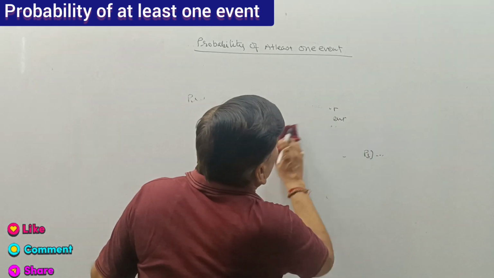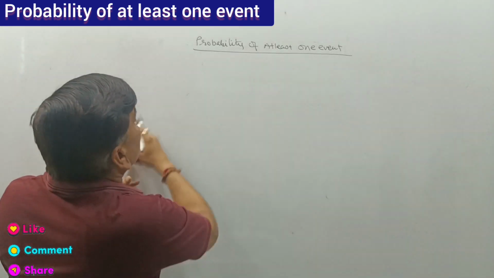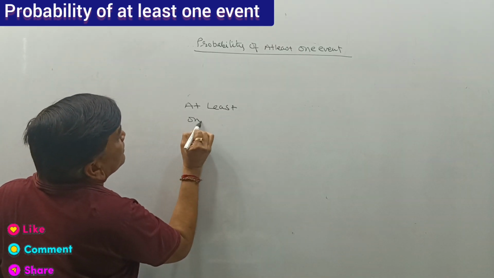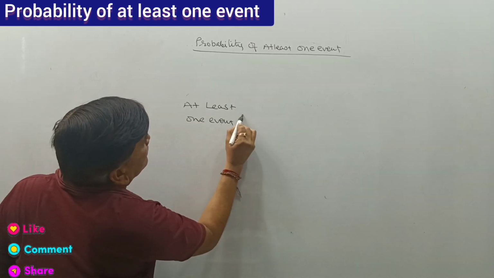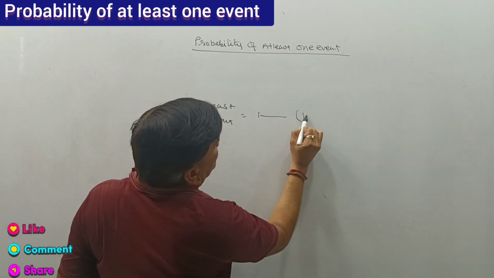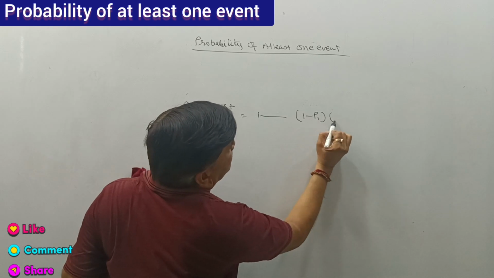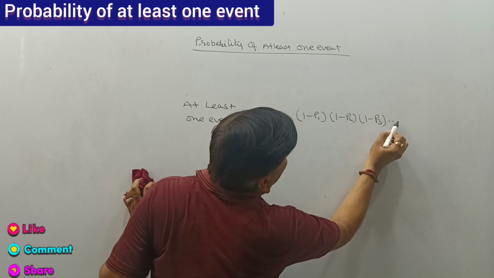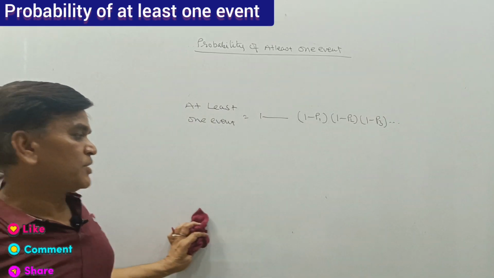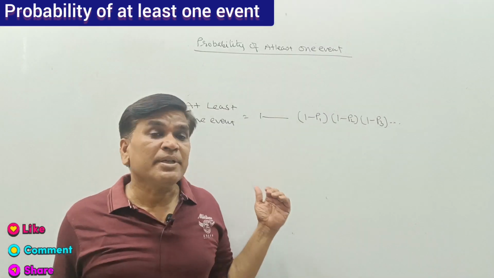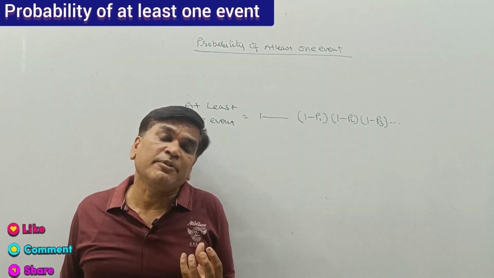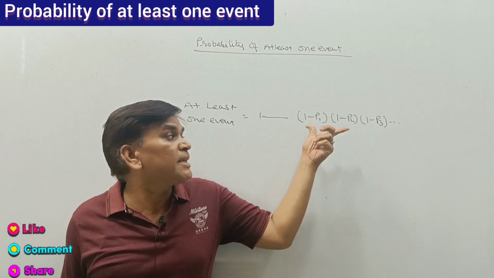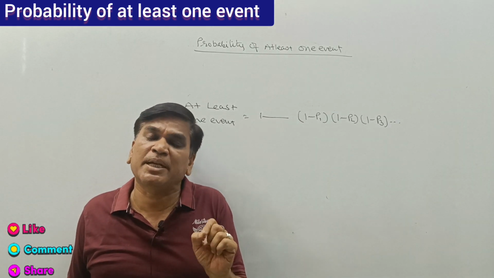So, for at least one event: 1 minus the probability of not having the first, not having the second, not having the third, etc. The probability of at least one event, कम से कम एक घटना के घटने की प्रायिकता, बराबर एक माइनस घटना के बिल्कुल भी नहीं घटने की प्रायिकता.